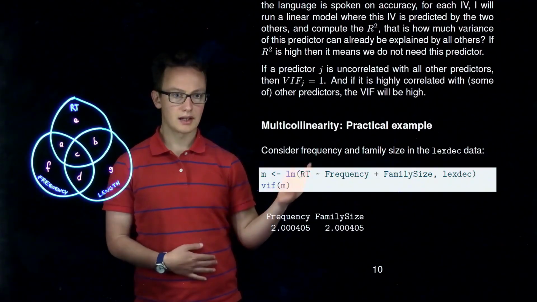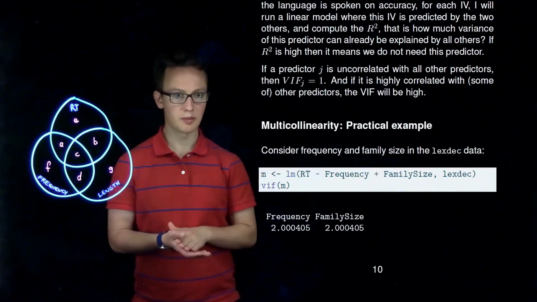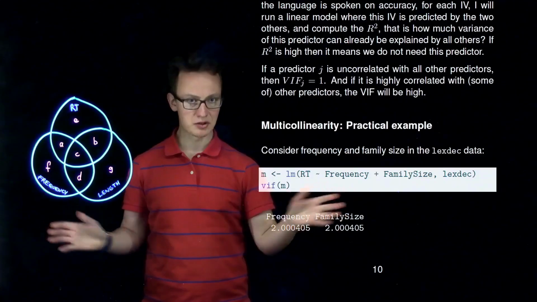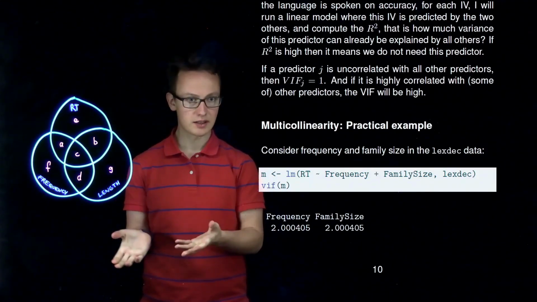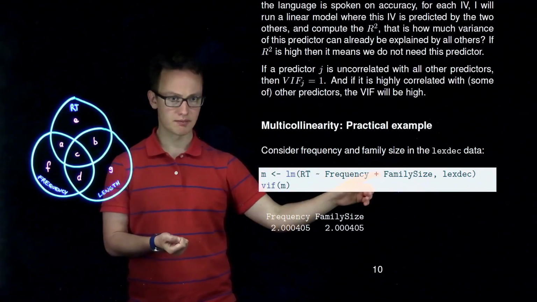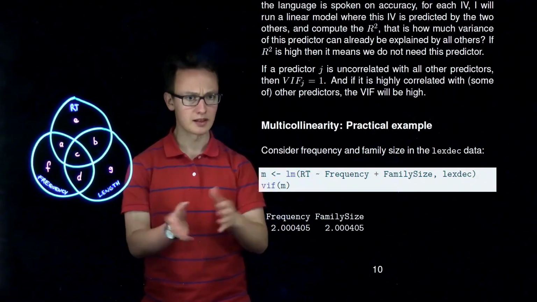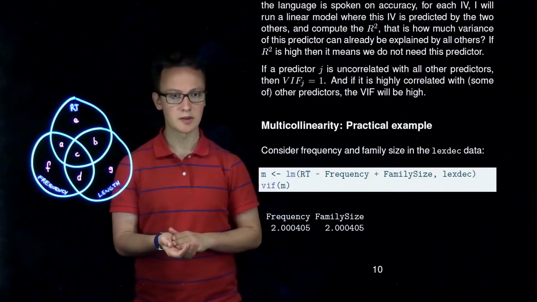So in this lexical decision, or for short LexDec, dataset that we've worked with in the past, there are a bunch of variables associated with each observation of reading time. For example, the frequency of a word, but also the size of, I believe, the word family that it belongs to. And so it might be that there is some correlation between those two.